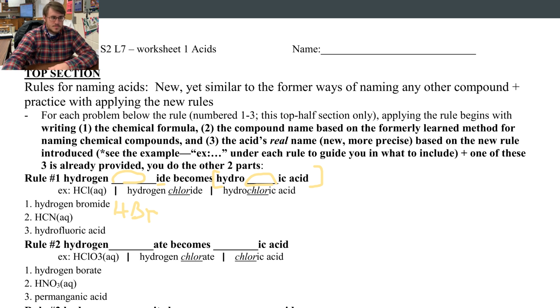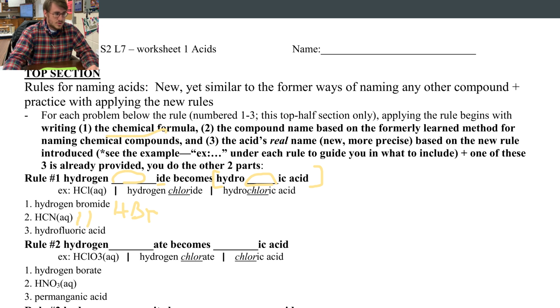Number 2, HCN. So we look at the back of our periodic table and we find that CN, not CN2, just CN, is called cyanide. So we have the chemical formula already.